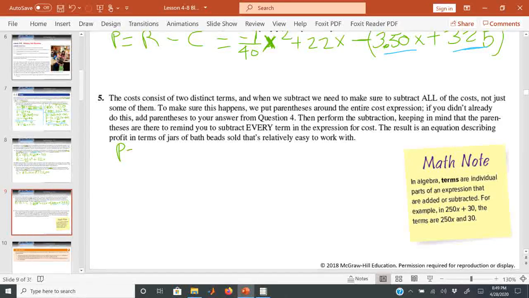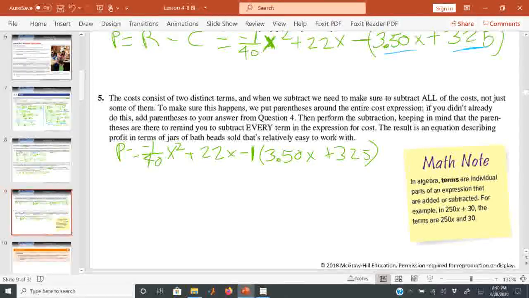So, P equals -1 over 40 x squared plus 22x, I'm going to say -1 times 3.50x plus 325. I'm really just copying the other equation to get started, but I put a 1 out here. I'm saying 1 times that quantity.